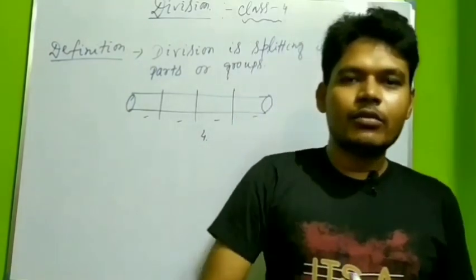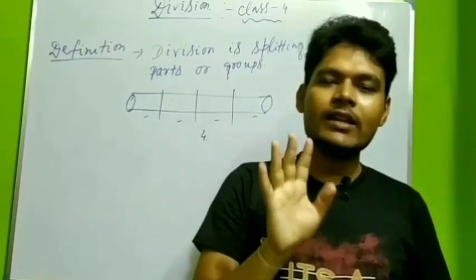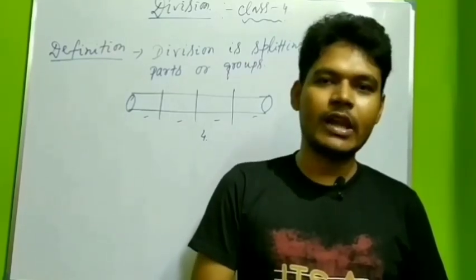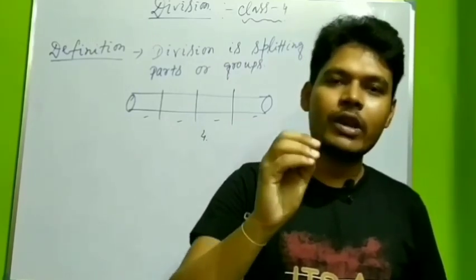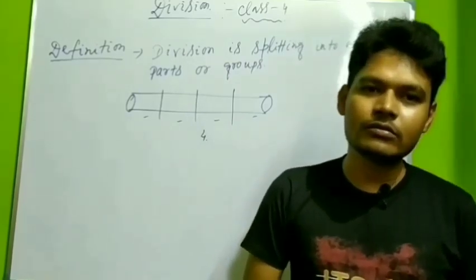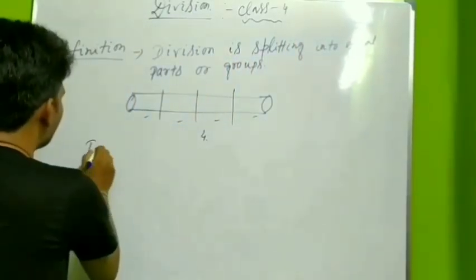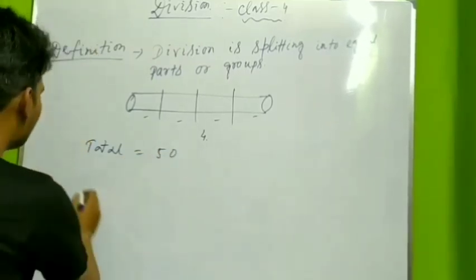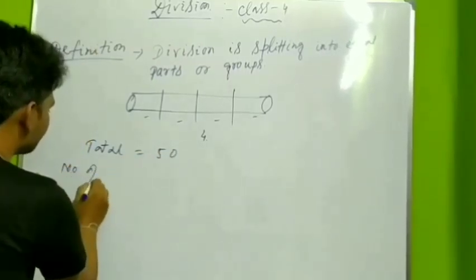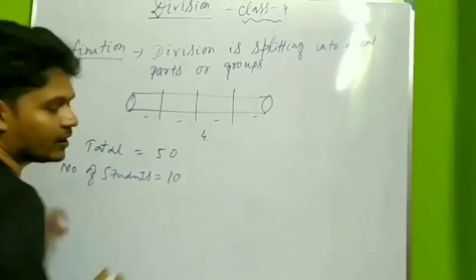Just take one daily life example. If I give you 50 chocolates and in the class there are 10 students present, and I ask you to distribute these chocolates in equal numbers, then what will you do? The total number of chocolates is 50. The number of students equals 10.